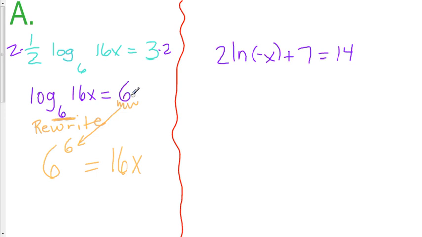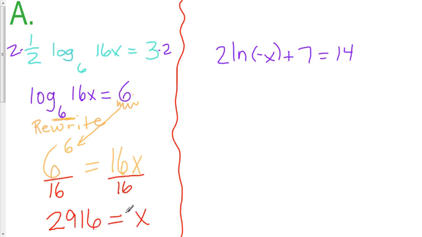That's your base, that's your exponent, that's what it equals when you rewrite it as an exponential equation. And then finally divide by 16 on both sides, and you will get 2,916 equals x.